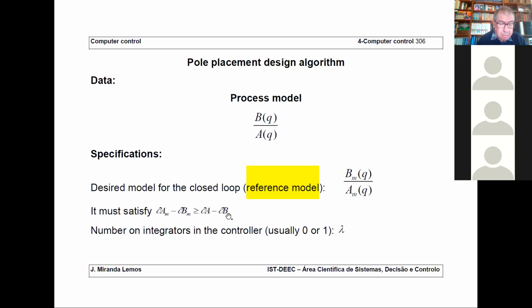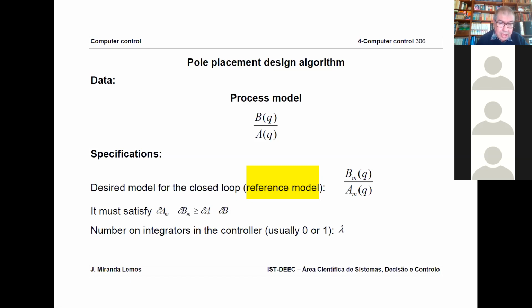The difference between the number of poles and the number of zeros is the delay of the system. So what it says is that you may not reduce your delay. You can only increase it or keep it the same. Usually you keep it the same, because you don't want to increase the delay in response.